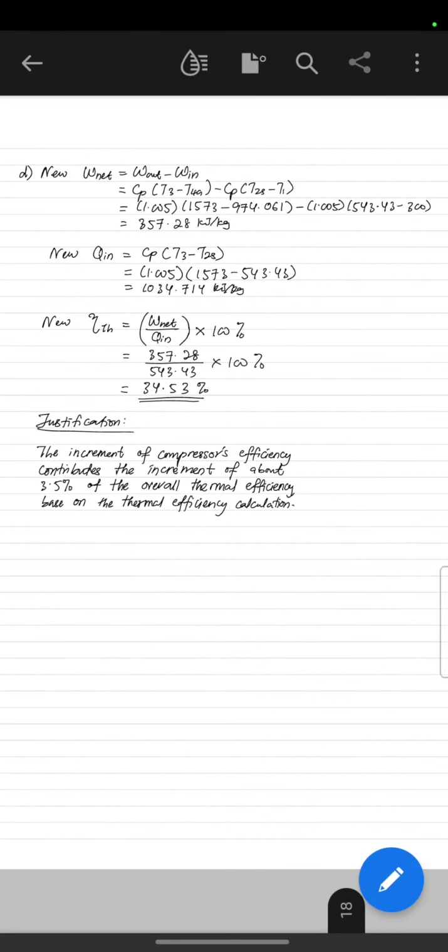Now finally, we are going to solve for your D section, where you were asked to find the new thermal cycle efficiency given that your compressor is working in 100% conditions, right? It doesn't have any losses. So what does it mean? Let's have a look at your TS diagram back.